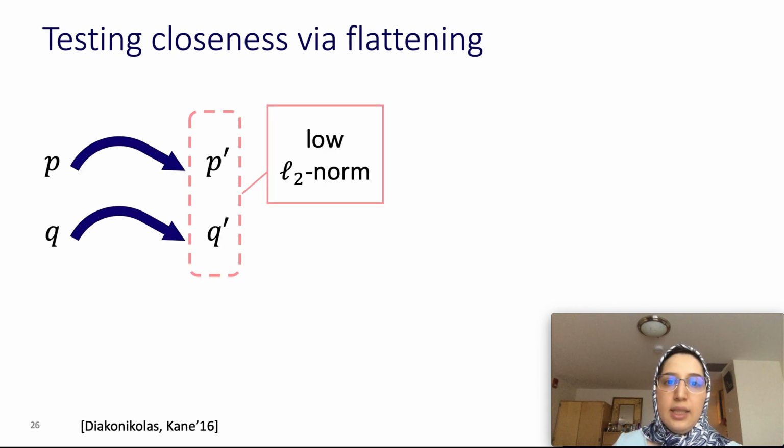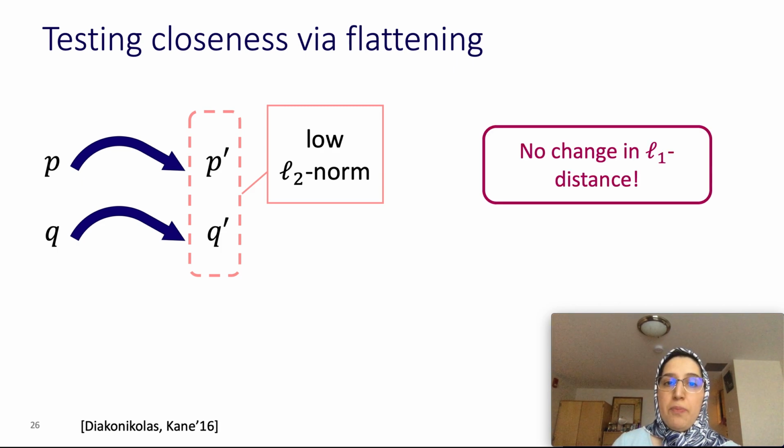There is a technique called the flattening technique, which I define in a second. But basically, the goal here is to map the two distributions P and Q to two other distributions P prime and Q prime, hopefully in such a way that P prime and Q prime have low L2 norm. And hopefully the L1 norm is unchanged.